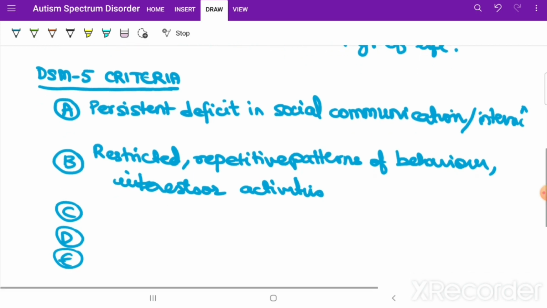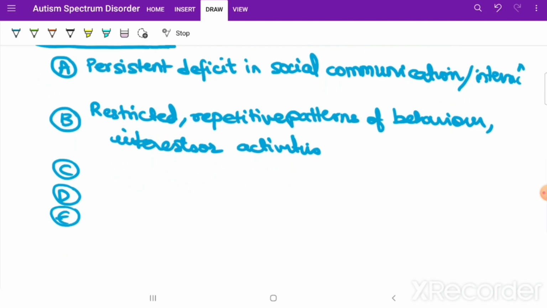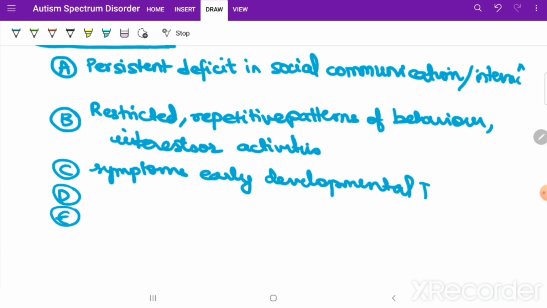The third criterion is that the symptoms must be present in the early developmental period. They must be present, but may not become fully manifest until social demands exceed the limited capacities.